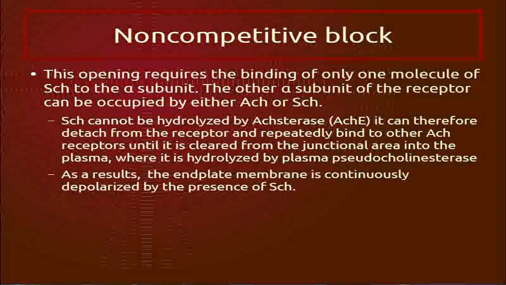So what will happen is the acetylcholine molecule will bind for a short period of time, get bumped off, and get chewed up. It'll bind, get bumped off, get chewed up, very quickly. But the succinylcholine, right? There are 2 types of esterases, at least in this particular example.